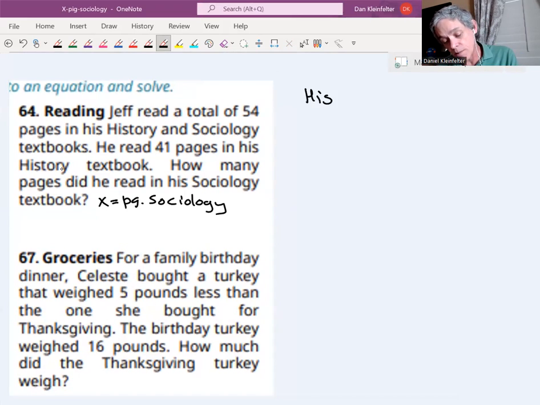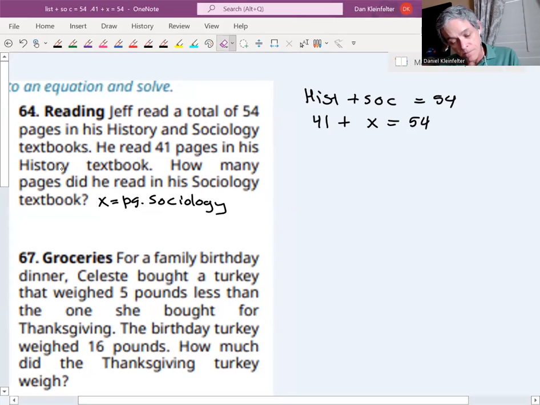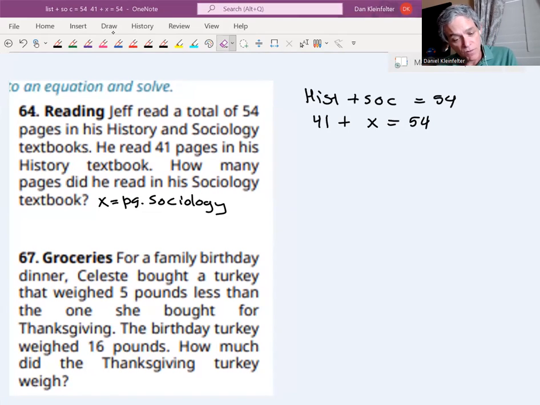So the history plus the sociology has to be 54 pages. The history was 41 pages, and then the amount read in sociology, that's what we're looking for. So the amount read in history, which was 41 pages, plus the amount read in sociology has to be 54.